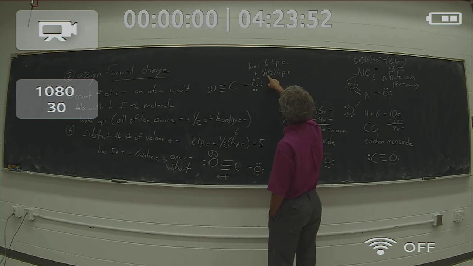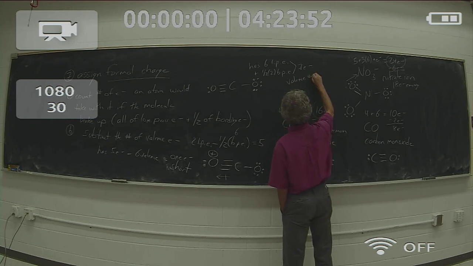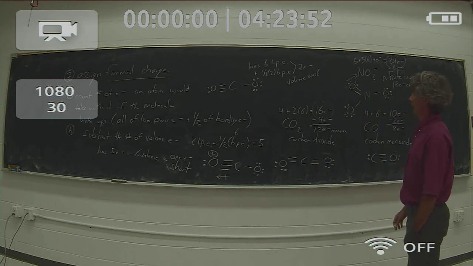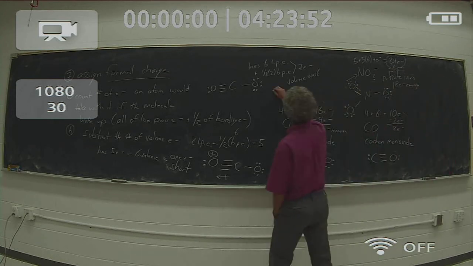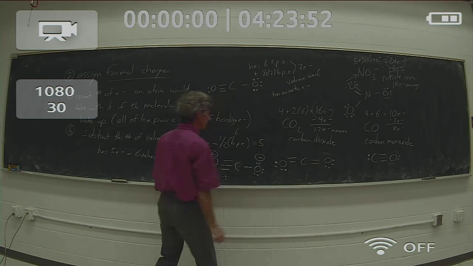And so it's got 7. Valence was 6. It has actually got an extra electron. That's a formal -1 charge.